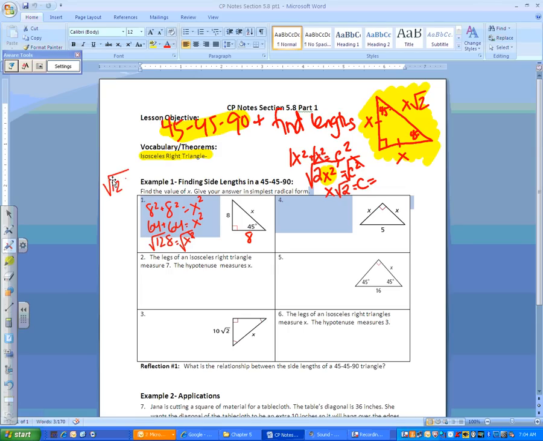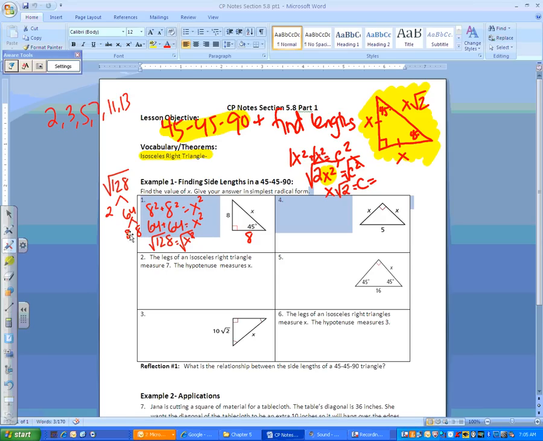So radical 128, if you break that down by prime numbers, so 2, 3, 5, 7, 11, 13. Well, I know for sure 128 can be divided by 2 because it's an even number. So 128 divided by 2, you get 64. Now, 64 can be broken down into 8 and 8.